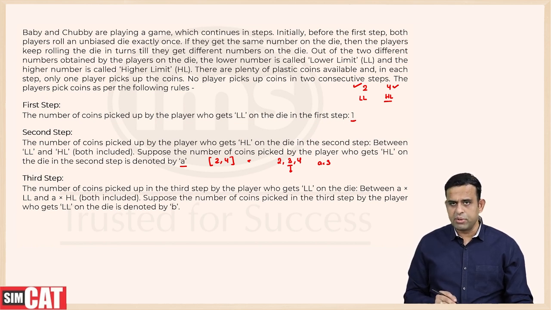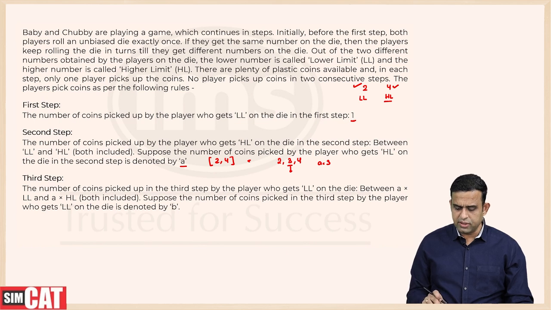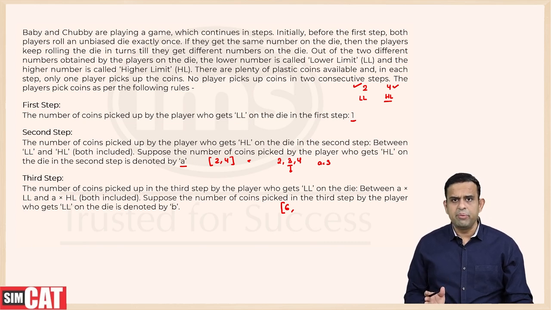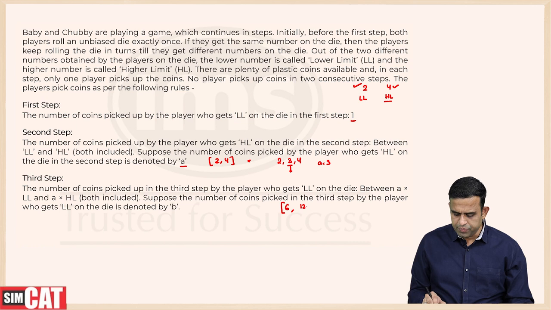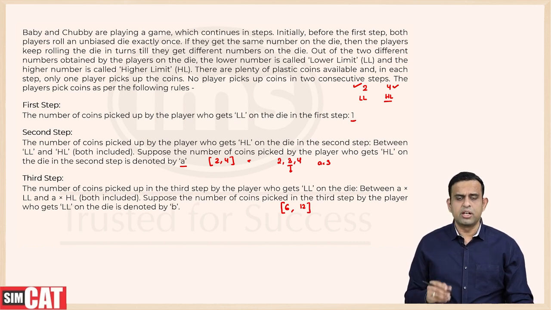So in the third step, A times LL is 3 into 2, which is 6. That's my lower limit in this case. And the higher limit is 3 into 4, giving you 12. So in the third step, the number could be anything from 6 to 12, and this value is, let's say, some number B.